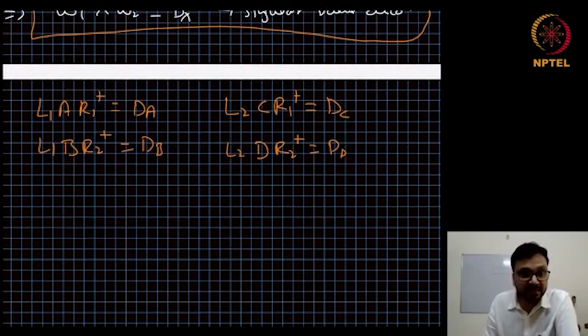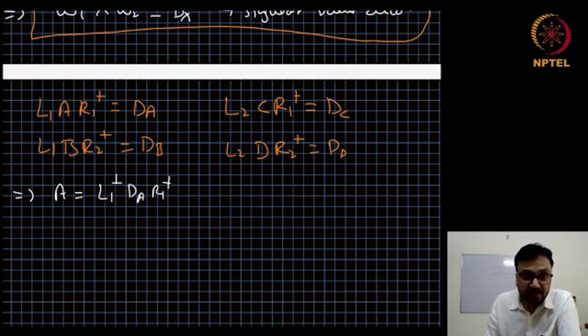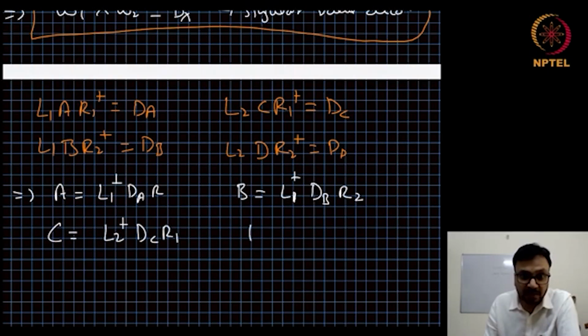So what we have is A can be written as L1 dagger dA R1, B can be written as L1 dagger dB R2, C is L2 dagger dC R1, and D is L2 dagger dD R2.